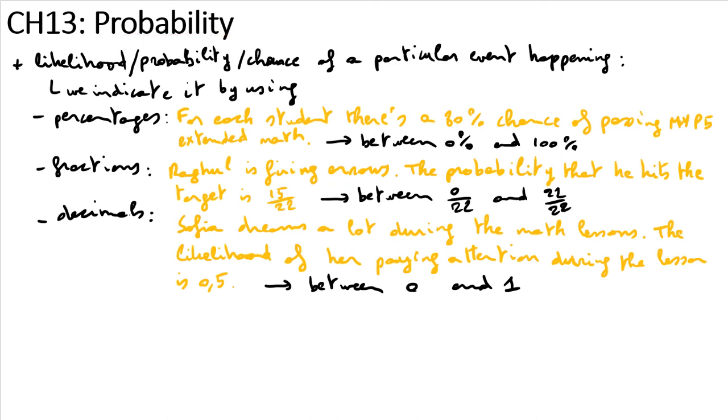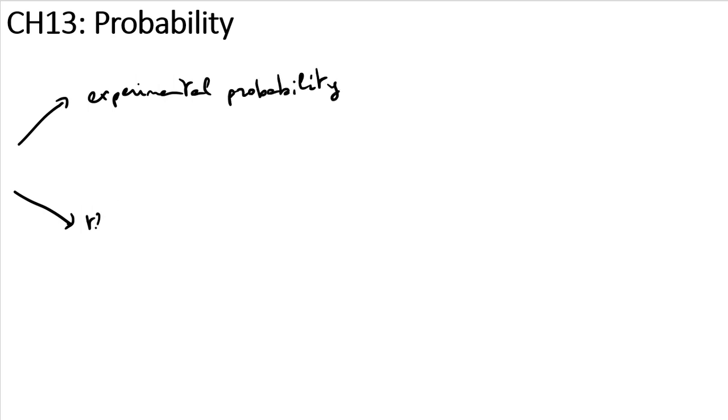In this chapter, we also make a distinction between experimental probability and theoretical probability. So when we are looking for the experimental probability, we do that by observing the results of an experiment.